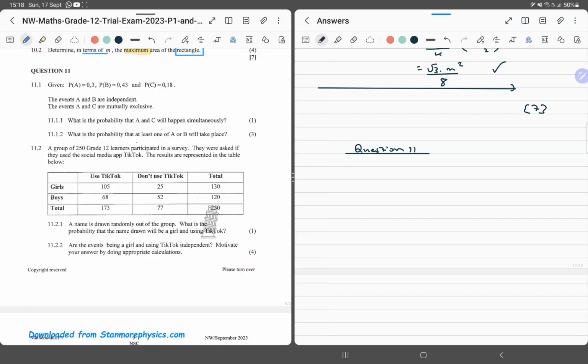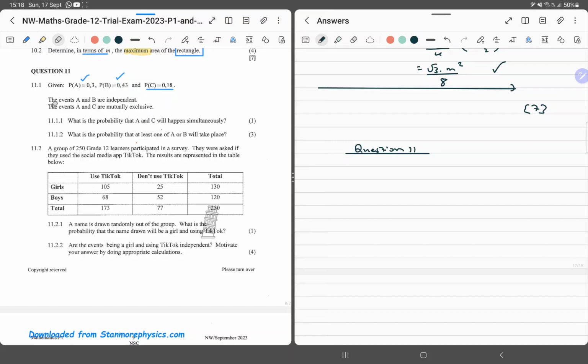Question 11 says, given the probability of A is 0,3, probability of B is 0,43, and probability of C is 0,18. Once you are given 3 things, think of a Venn diagram of words, something like that. But sometimes it's not a big deal because we don't know much.